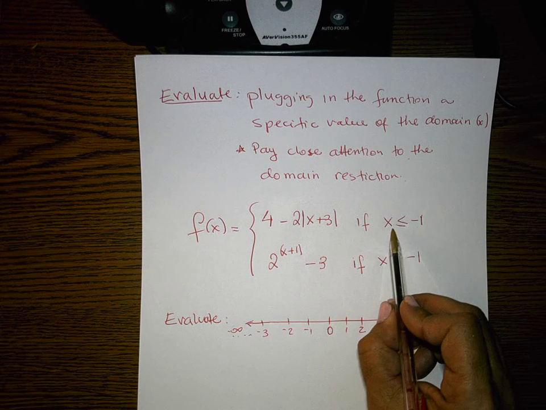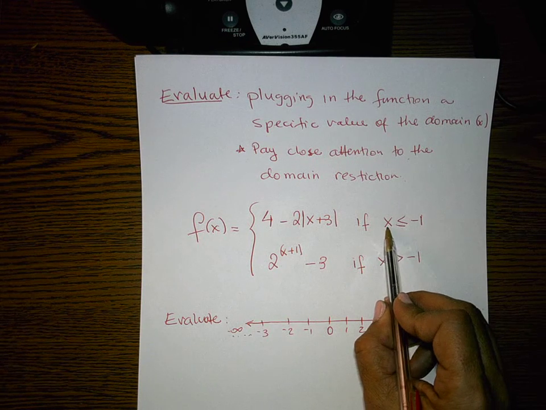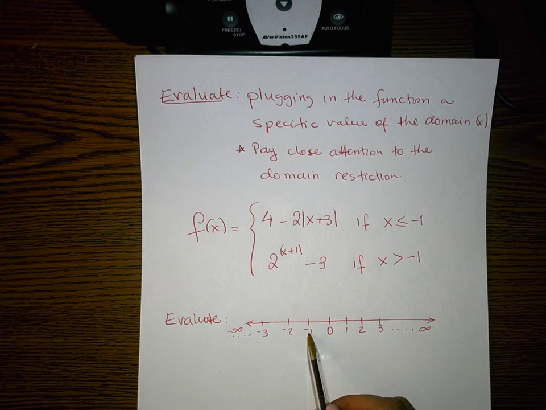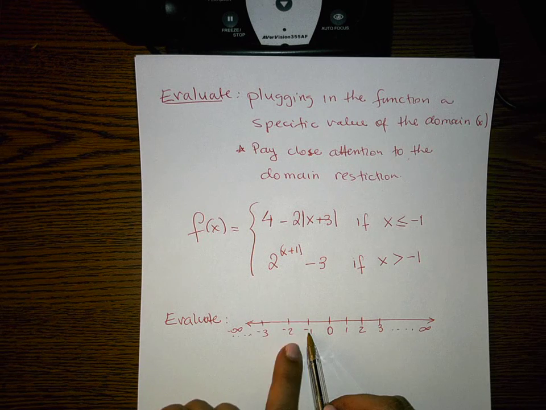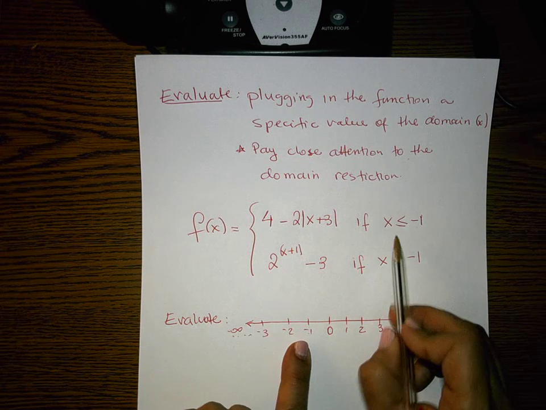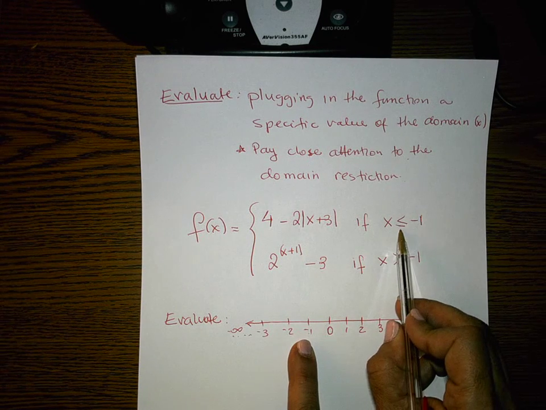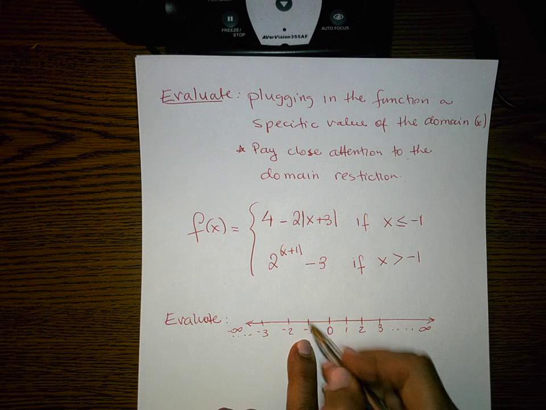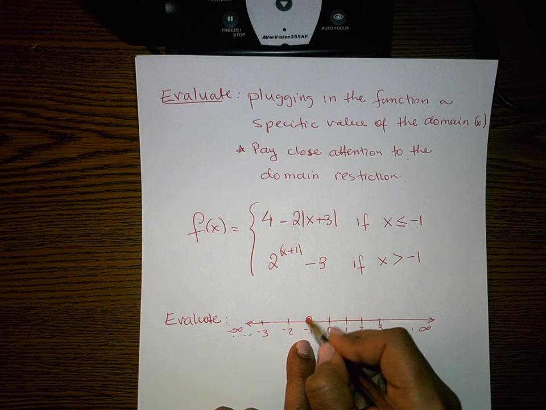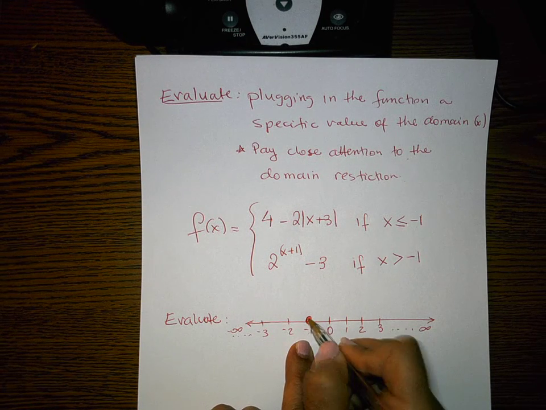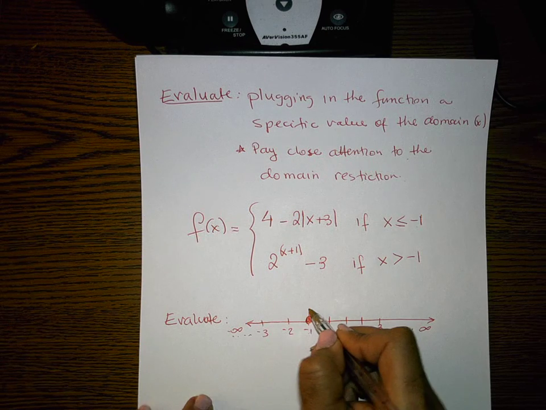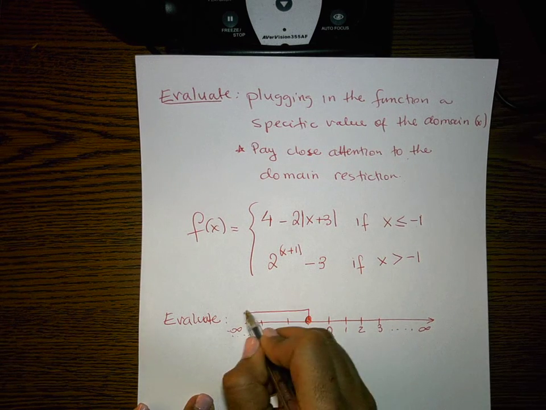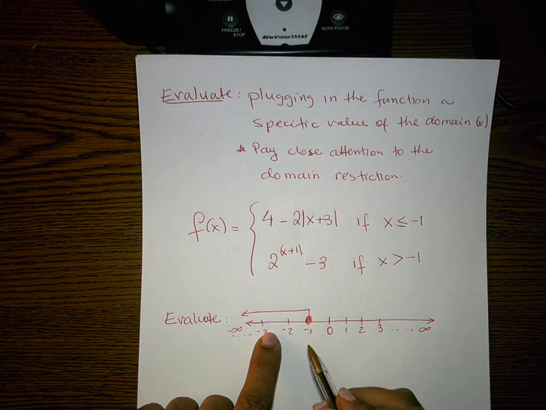If I am going to use values where x is less than -1, all of these x values right here, less than -1, including, because I have this equal, including -1, so I'm going to put a closed dot. If I'm picking any value that is less than that, I'm going to use the first function.